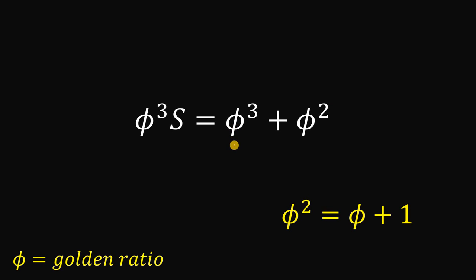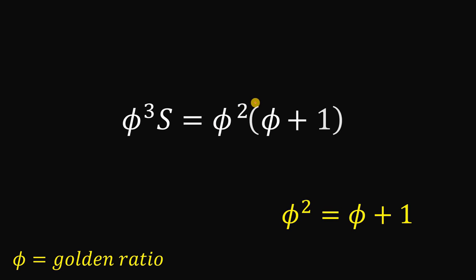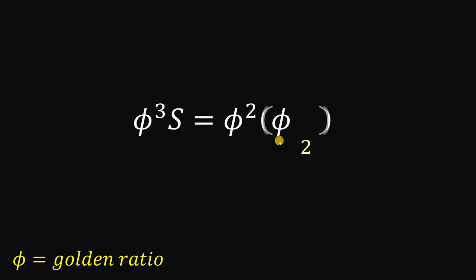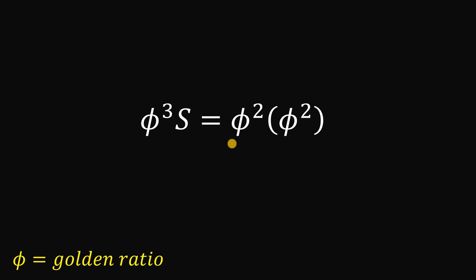So, we can replace this with phi squared. And now, on the right-hand side, phi cubed plus phi squared, we can factor out phi squared. If we do that, we get phi squared multiplied by the quantity phi plus 1. And again, we know phi plus 1 is simply equal to phi squared. So this can be replaced by phi squared.